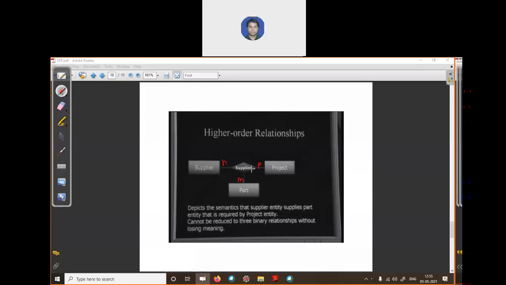This supply relationship, and there is a project which uses some parts, and these parts are supplied by many suppliers. Consider any project requires n number of parts, and those parts are different. There is no restriction, not only one or two. There are n number of parts required by any project.